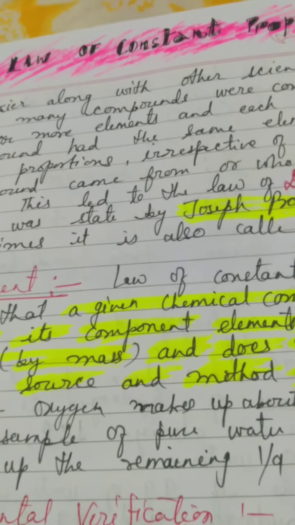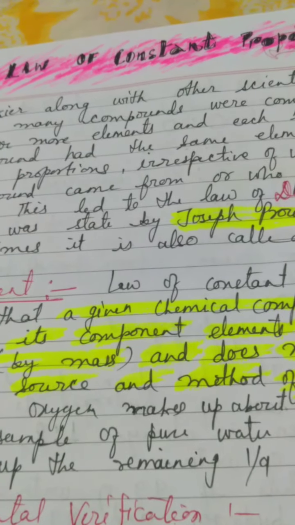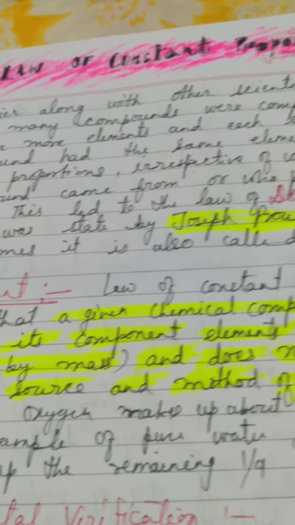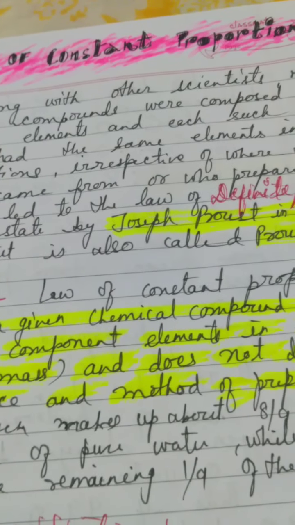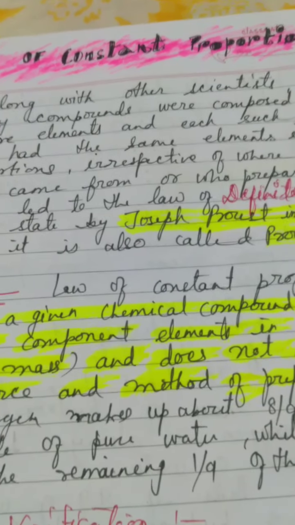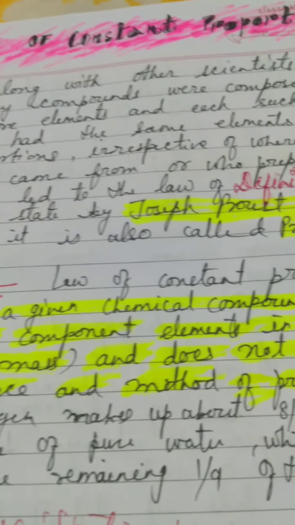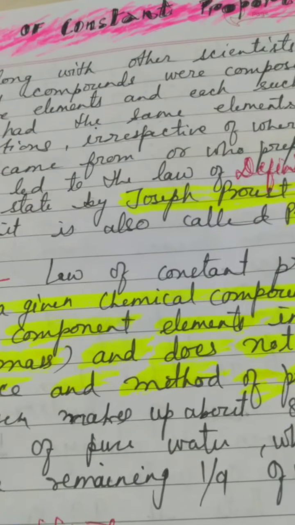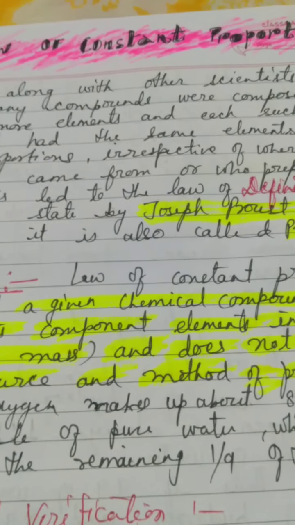While studying numerous chemical compounds, the conclusion he reached by 1779 was that he came into a position to postulate a law, formulate a law, establish a law, and that law was commonly called Proust's law, or the law of constant proportion, or the law of definite proportion as well. Here you will not be confused, they are all the same.